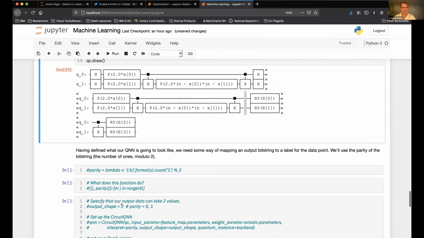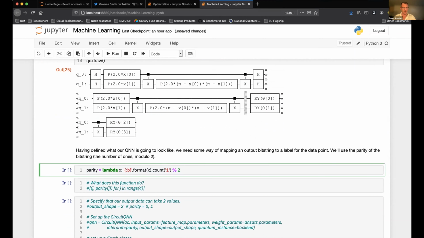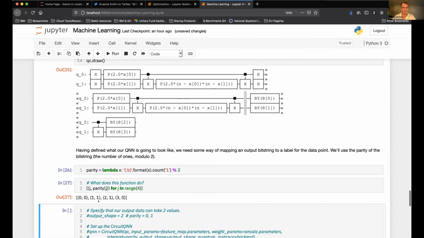I will admit I totally just cribbed this example notebook from the documentation. And so this is the particular function that they ended up choosing to use. You can see that what this does is it evaluates the parity of the bit string representation of a number, so the number of ones modulo 2. And so you can see here the mapping from integers to this outcome label.